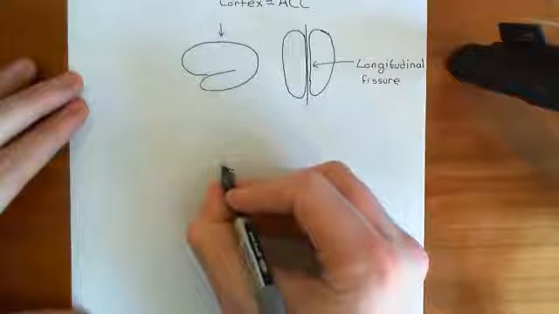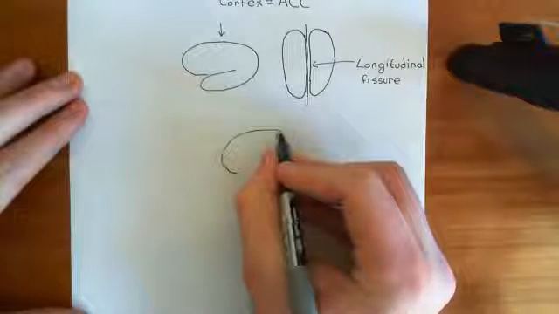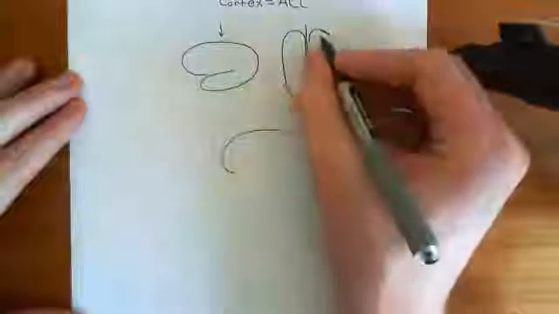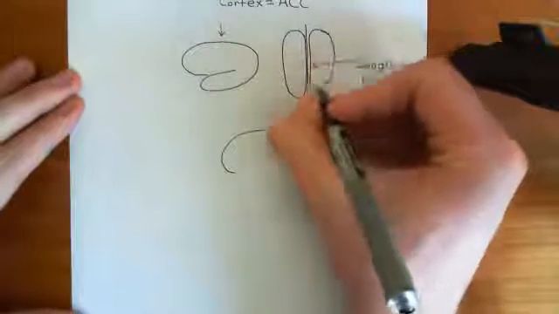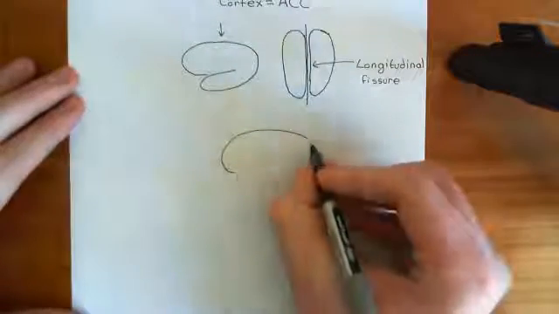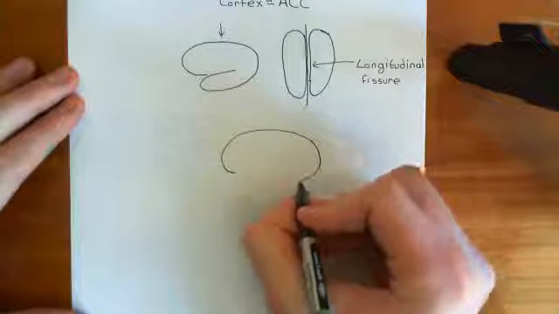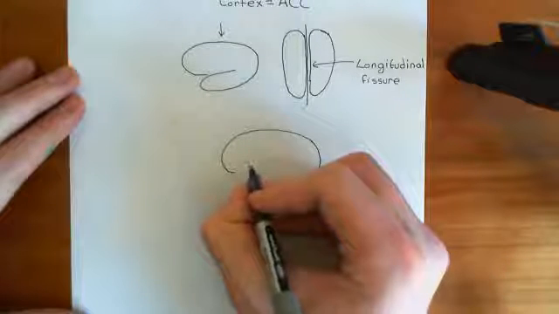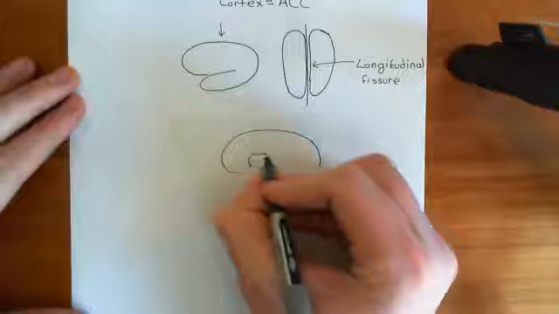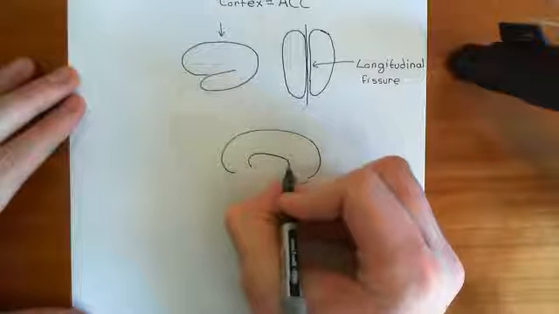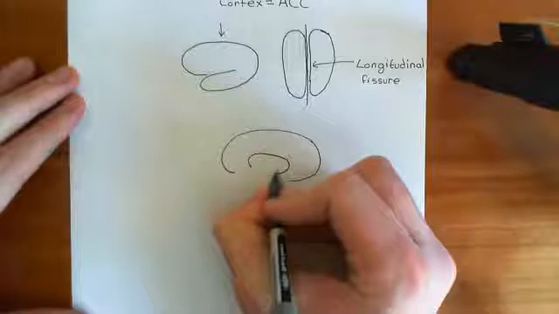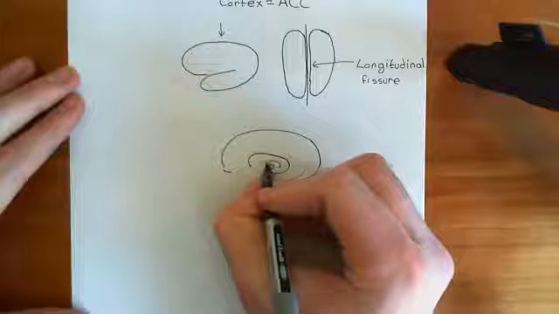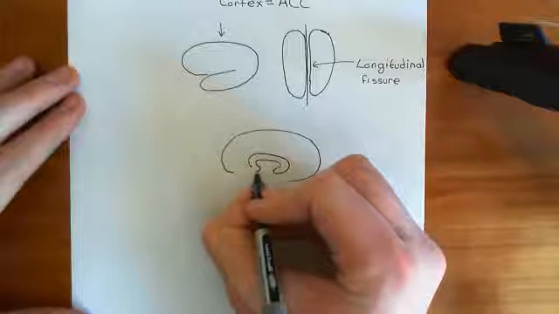Okay, so here then is, let's say we've taken this hemisphere here, so the right hemisphere. Okay, so we'll get something that looks like this, and basically you'll find a very noticeable structure here called the corpus callosum, which is the white matter connection between the two halves of the brain.